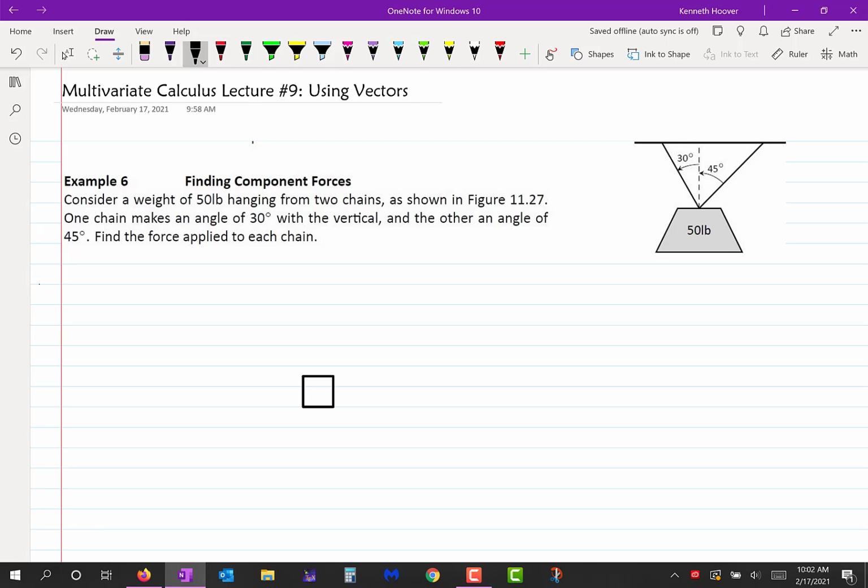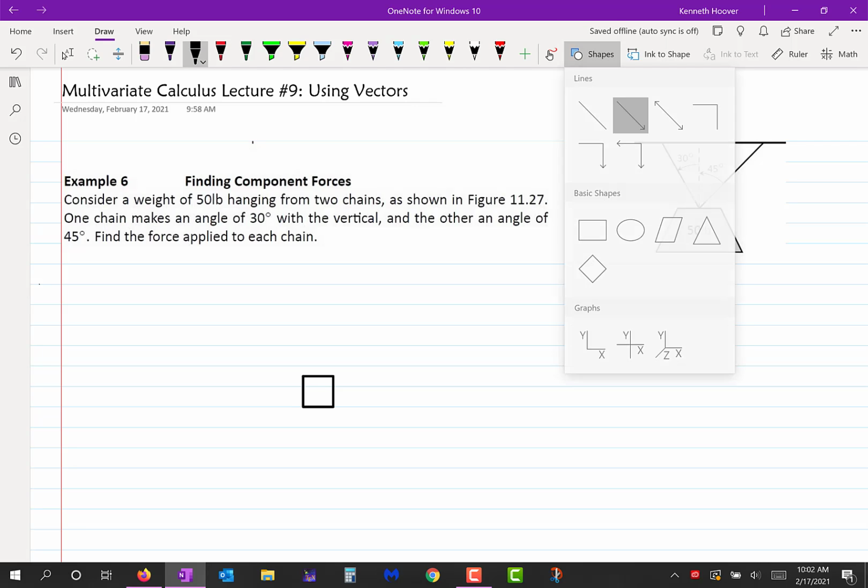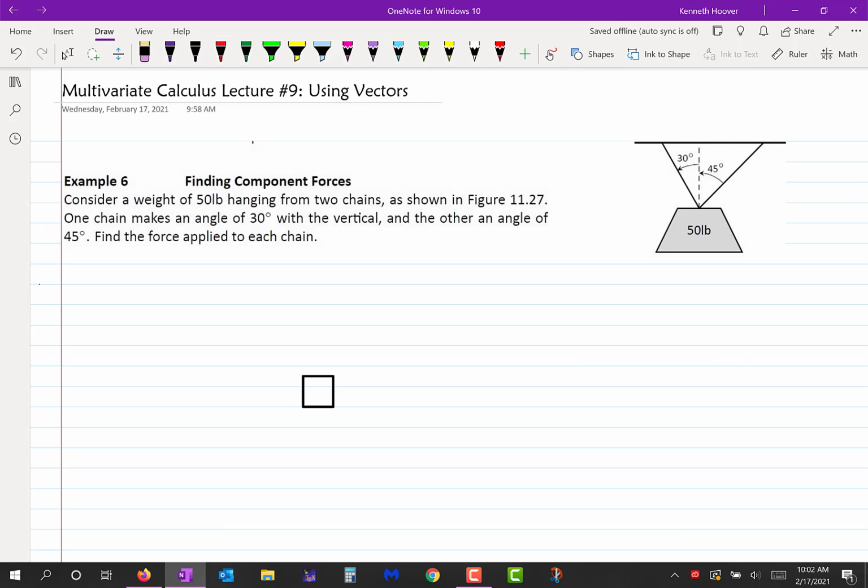Now, there's three forces acting on this. Number one is the actual weight of the object, and that's a force that's pointing down. Let me see if I can straighten that up a bit. Oops.